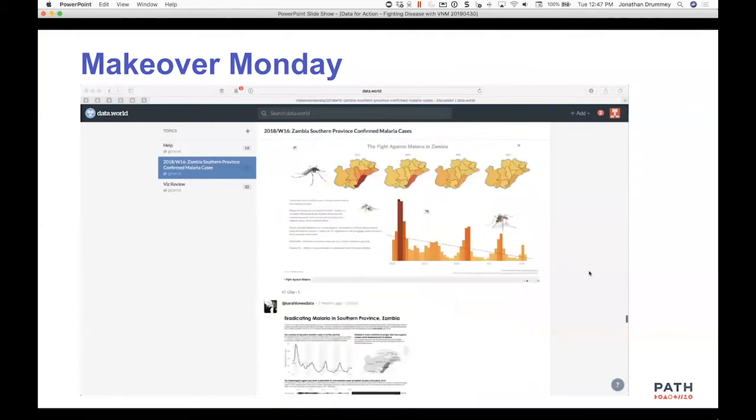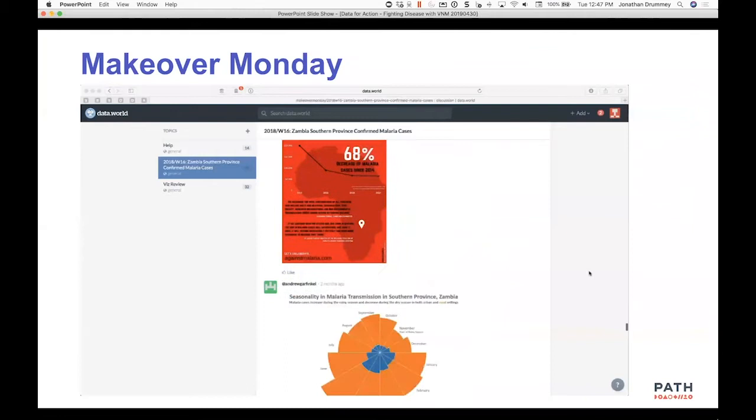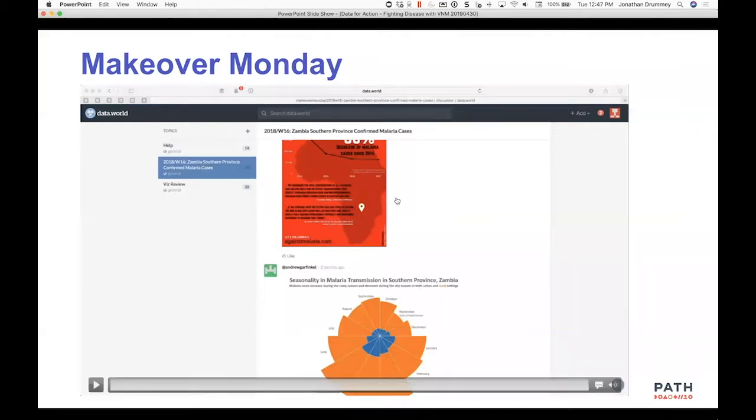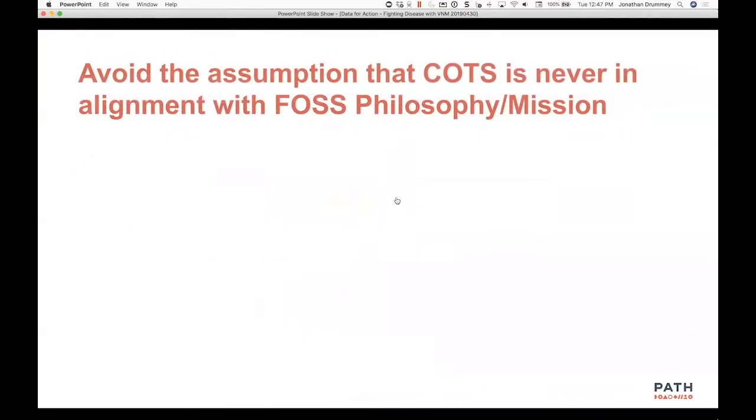So within the Visualize No Malaria project, we worked with this explicitly so we could get visualizations that we could use as training resources and teach people the art of the possible, as far as building interactive dashboards, doing more infographic views like this one, and so on.